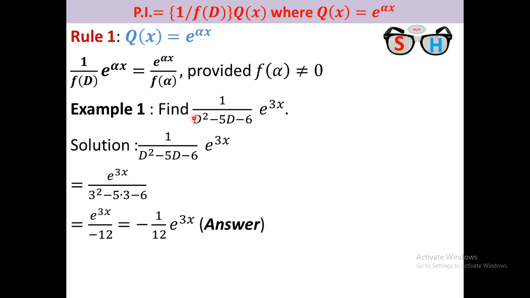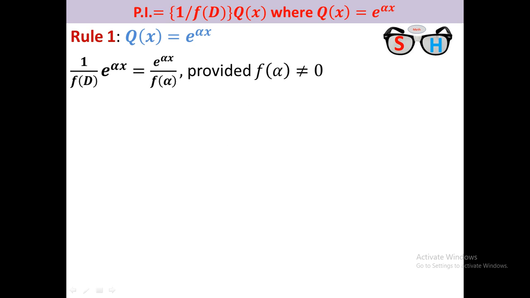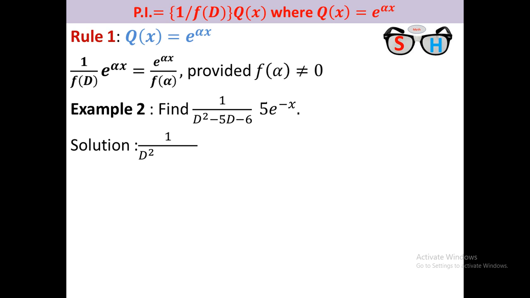But if you take the same operator but change the function, then what happens? Suppose we take e to the power minus x in the place of e to the power 3x, and there also I take a 5 multiplied with it. Here I take 5 out of the operator, since the operator is linear, you can take it.